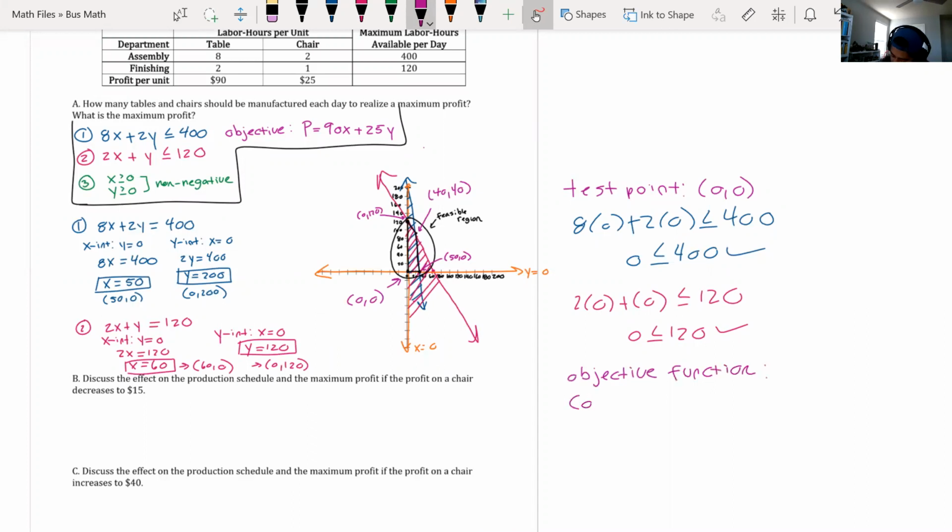So we have 0, 0, and then we have 50, 0, 0, 120, and 40, 40. And plug them into the objective function we made.